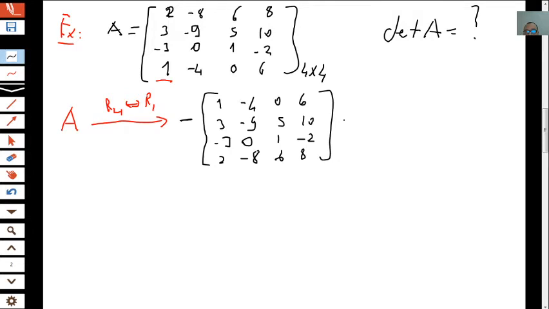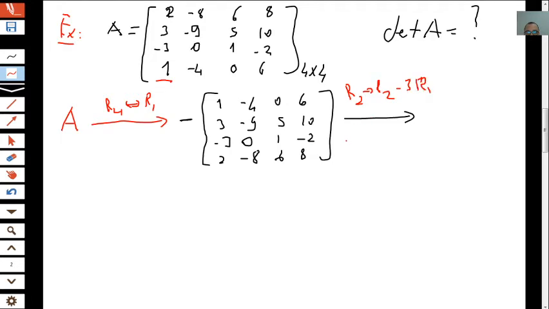And from here we do the row operations, which are replacements, to obtain 0 for 3, minus 3 and 2. We have 1. So R2 is replaced by R2 minus 3 R1.